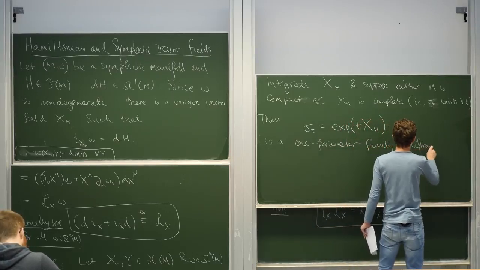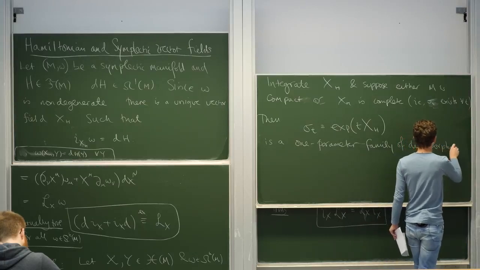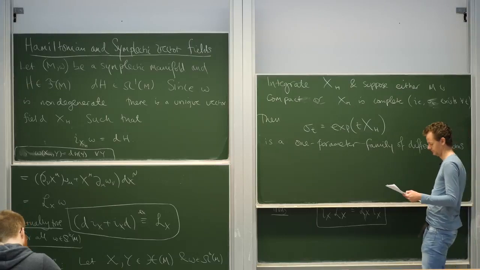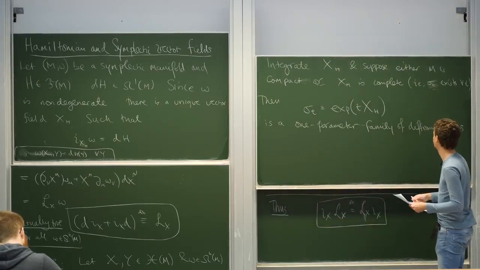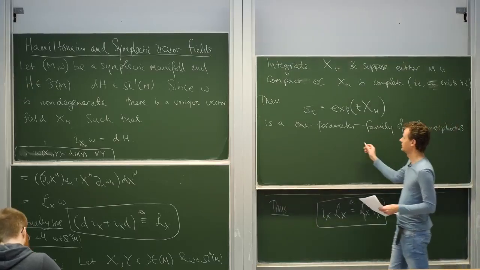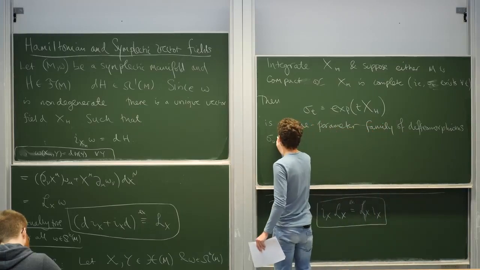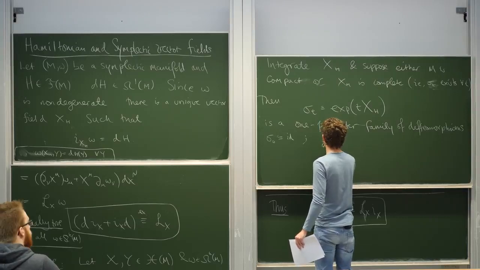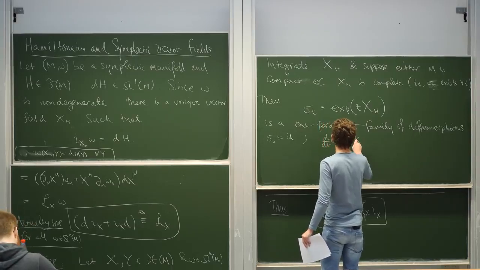So we know they're diffeomorphisms. Turns out they're much more. And so we have, of course, that sigma naught equals the identity. And if you differentiate sigma t, you get X of h.